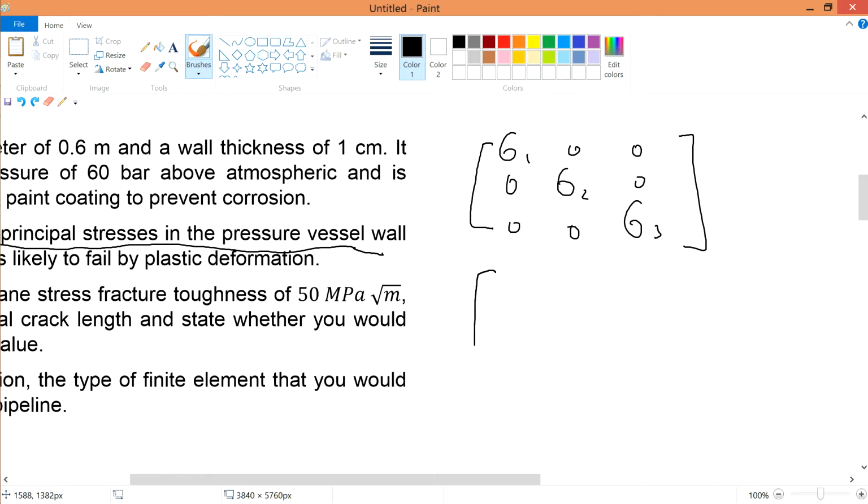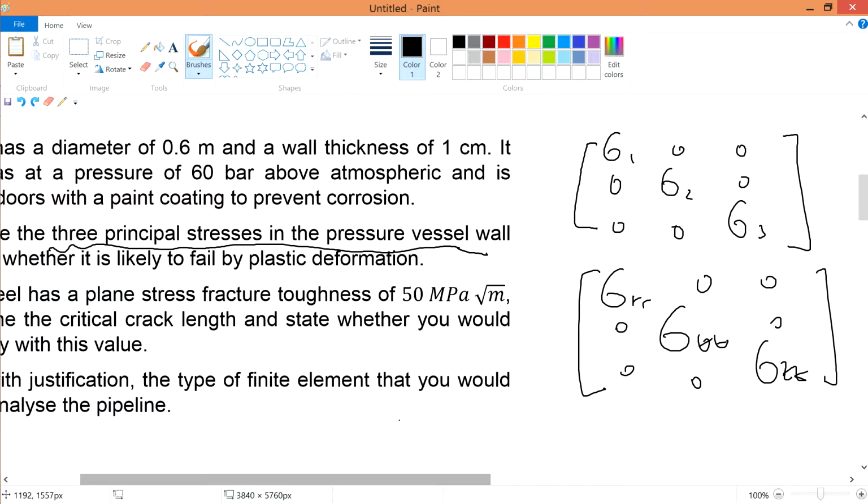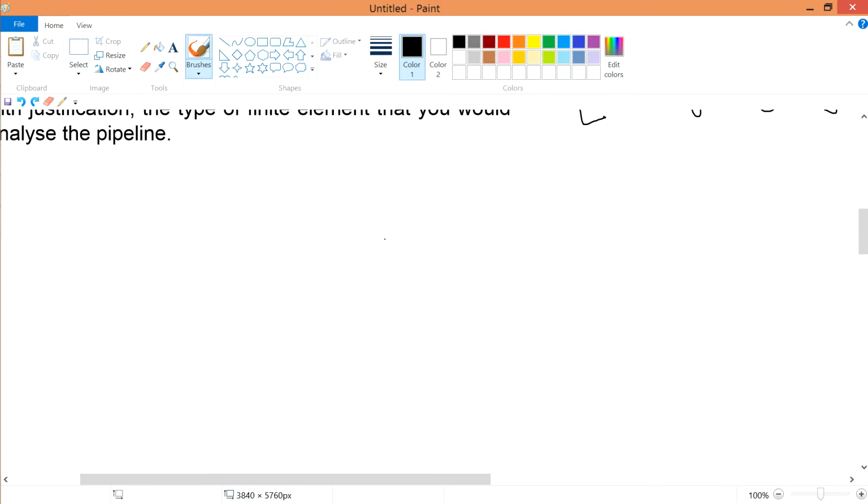What we have been doing so far is in terms of sigma radial, sigma theta, and the longitudinal one, with zero shear components. In a pressure vessel, you're containing something with normal stresses acting throughout.